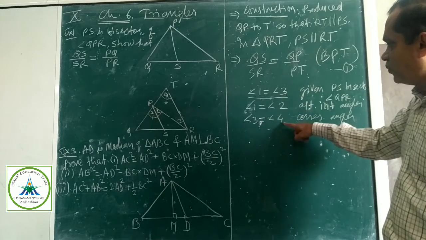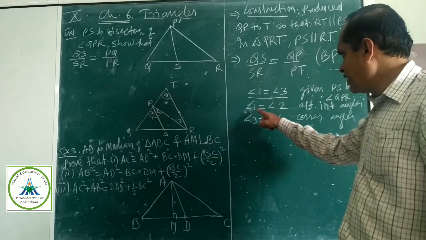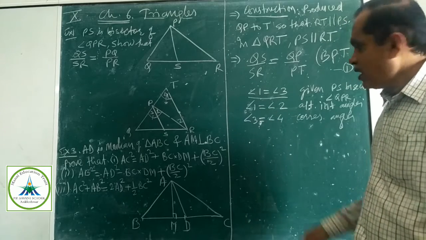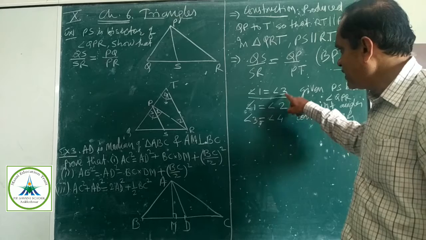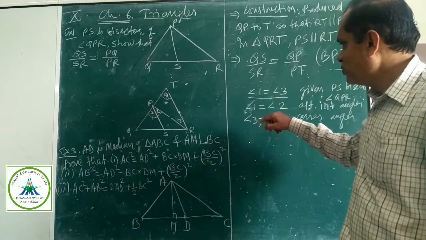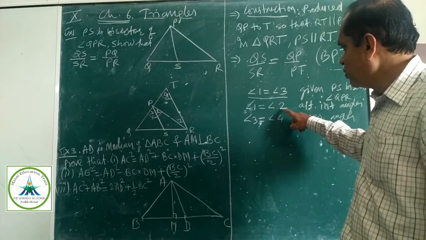So angle 3 equals 4, corresponding. And now we say 1 equals 2. If 3 equals 4 and 3 equals 1, and 1 equals 2 given, therefore 2 equals 4.